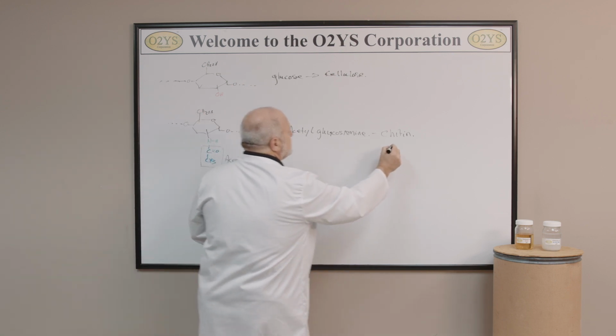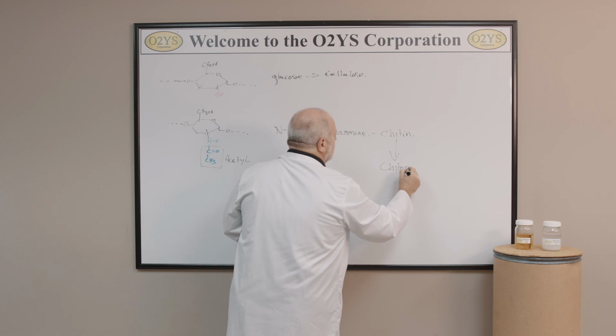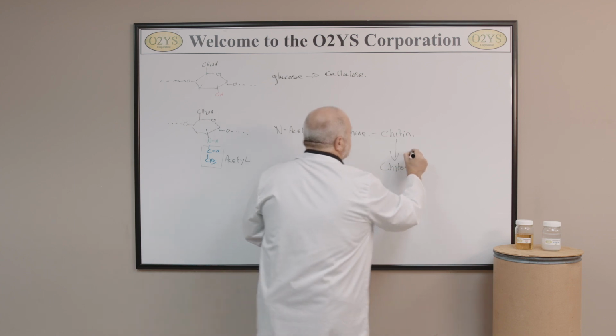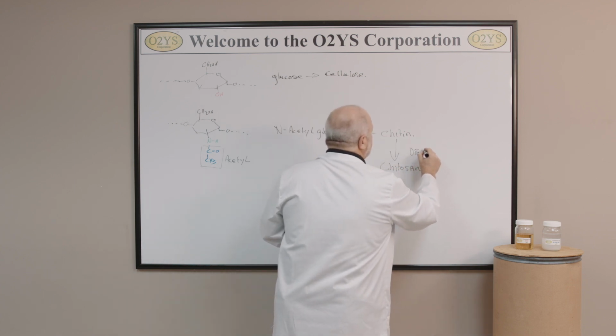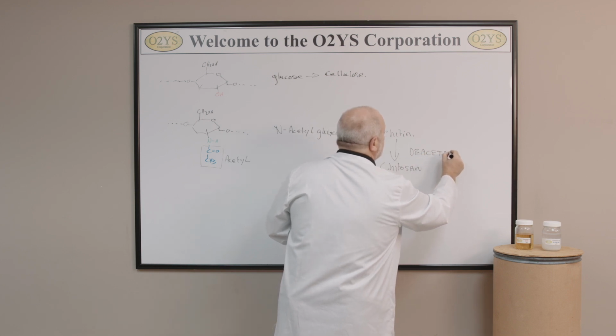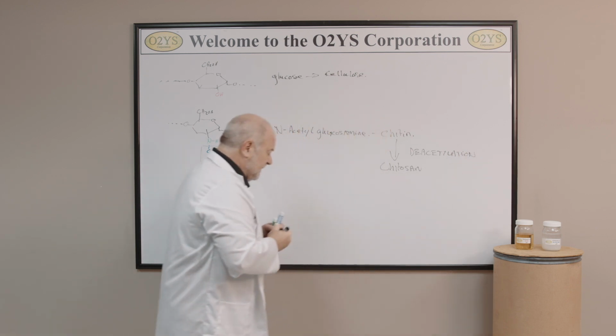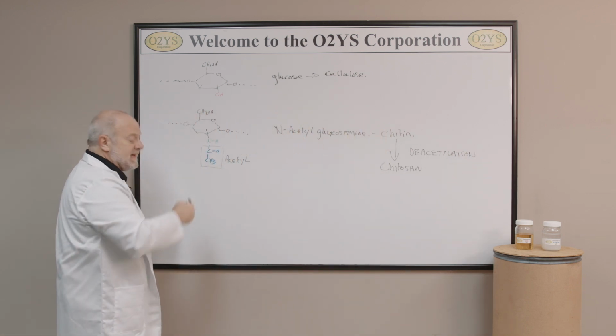And the process from chitin to chitosan is a process called, make sure I spell this right, deacetylation. So we're removing this acetyl group.